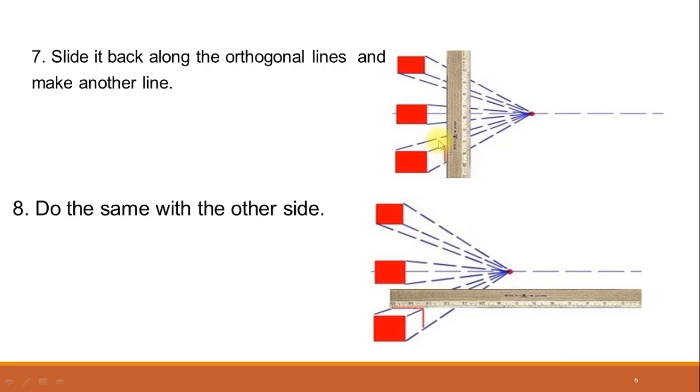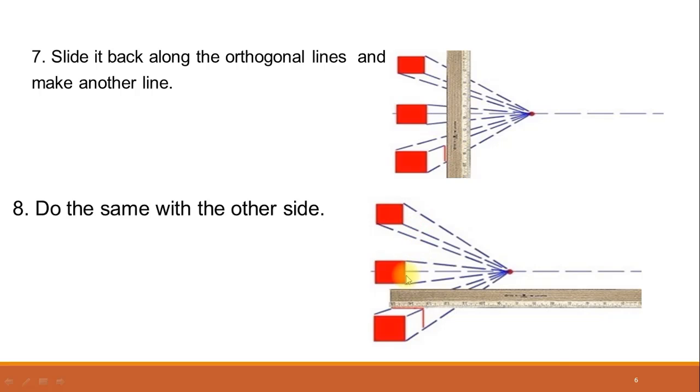Similarly, draw a line to touch these two orthogonal lines. Do the same with the other sides, like this is the other side of this square. Draw a line which touches these two orthogonal lines, and draw the line to touch these two orthogonal lines.